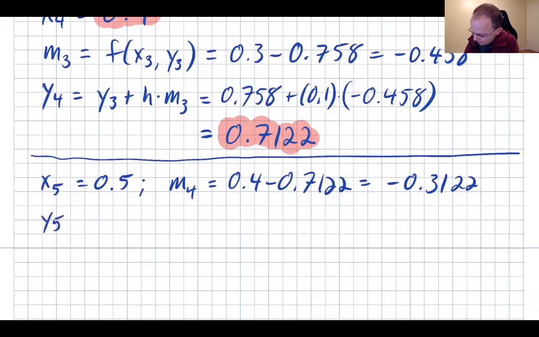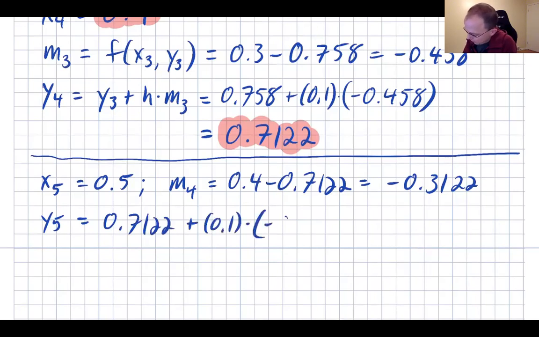And y5 is going to be, I'm going to take a shortcut here again. So it's the old y value plus 0.1 times the slope, and let's calculate that. 0.7122 plus 0.1 times negative 0.3122.